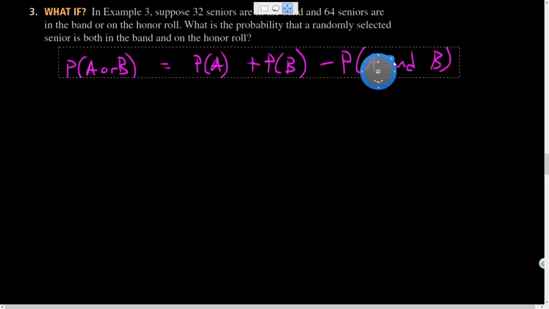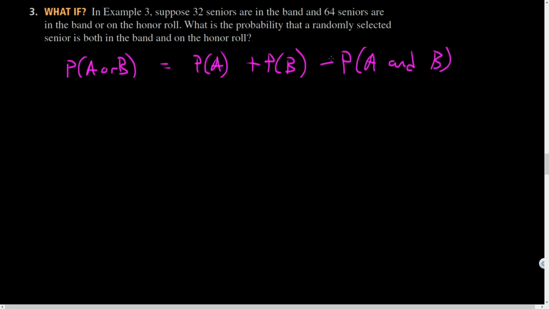Here it goes. Good enough. Boom. So there's my general form. 32 seniors are in the band. Okay, we'll call that event A. So 32 out of 200 are in the band. 64 are in the band or on honor roll. So that's 64 out of 200.